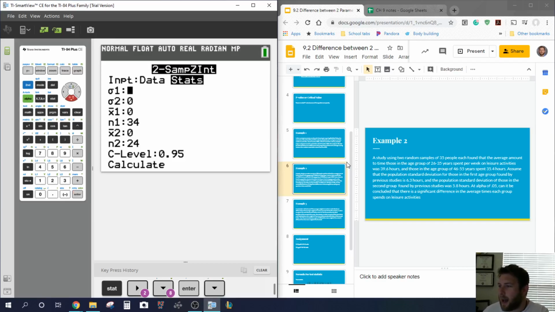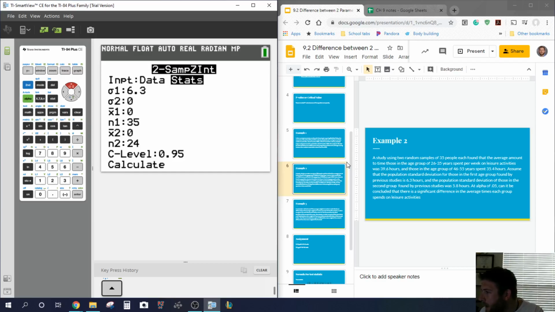All right, so we're given data. My population standard deviation is 6.3 for group 1, which is the 26 to 35 group. My sample size for that group is 35 people. My mean, the average of those, is 39.6 hours. Now the second group had a population standard deviation of 5.8.